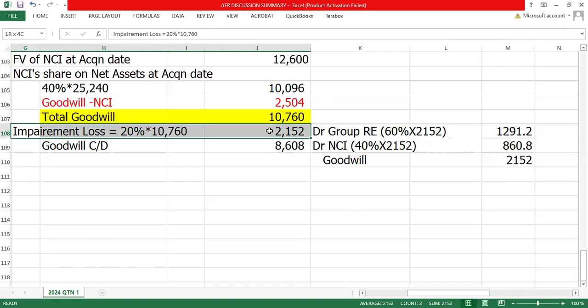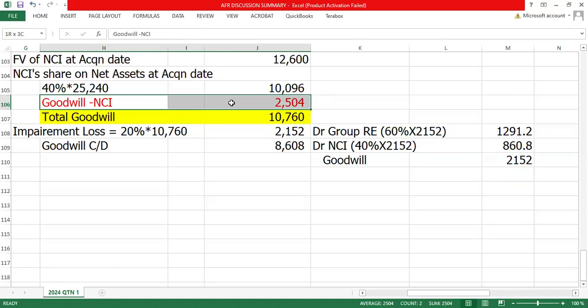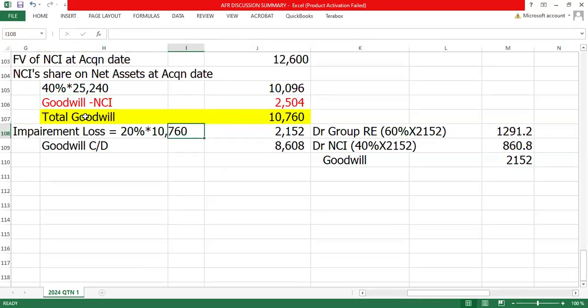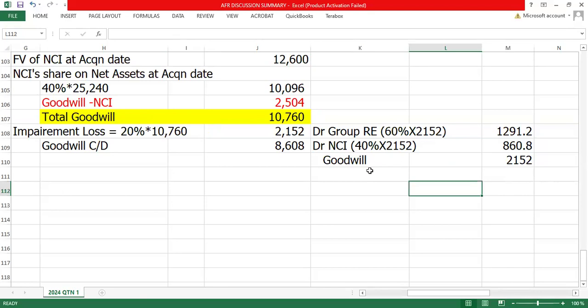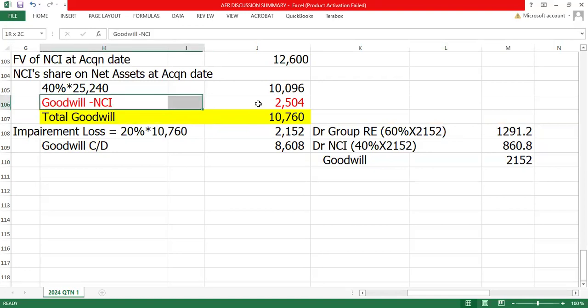But if you realize, as you prepare the working, that there is a positive, as you take it to income statement, you take only this.